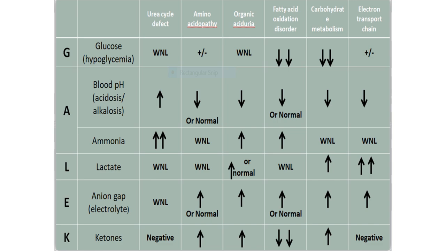Talking about the electron transport chain, which is usually your mitochondrial disorders, hypoglycemia may not be there. Blood pH usually falls to acidosis. Ammonia is usually normal. Lactates are pretty high. Anion gap is usually high, and urine ketones are negative.